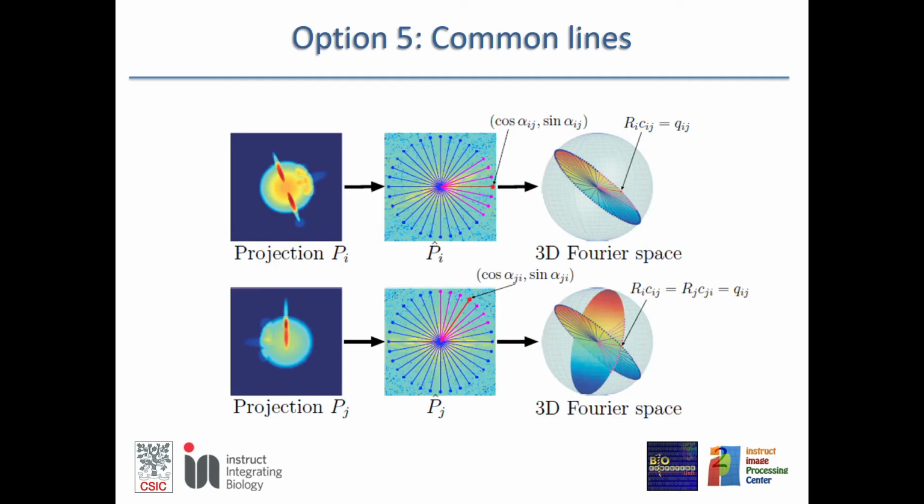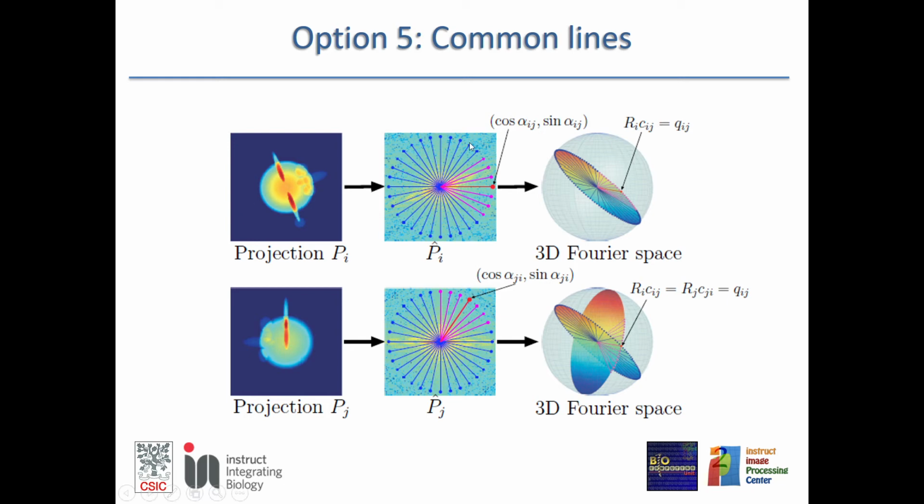Okay, so let's say that we have two projections and the 2D Fourier transforms of the two projections.